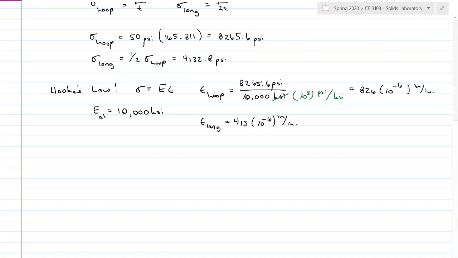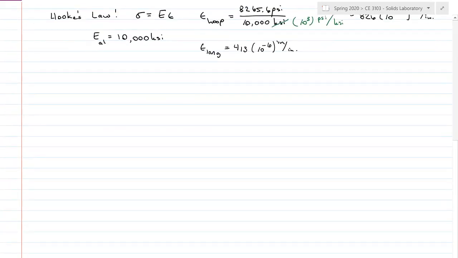Okay, now here's the thing, ladies and gentlemen. Do you remember that when we have a stress element and we put it in tension, what's going to happen? It is going to get skinnier and longer. And this is Poisson's ratio.